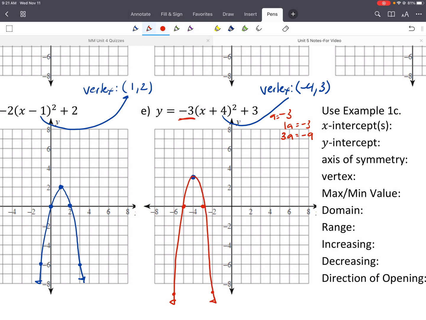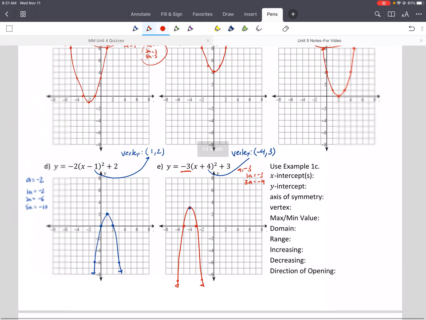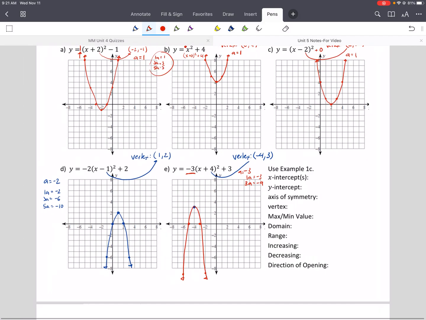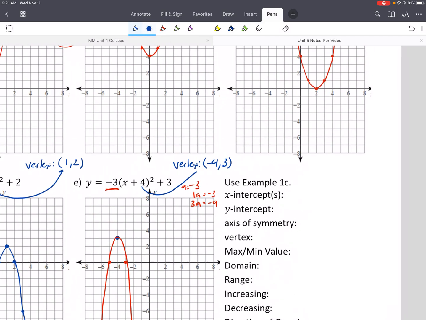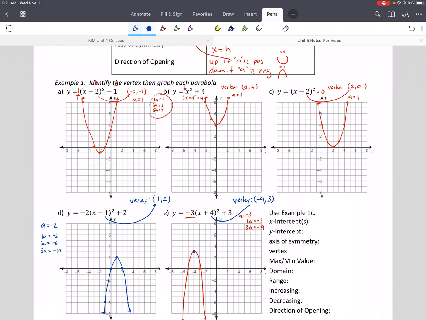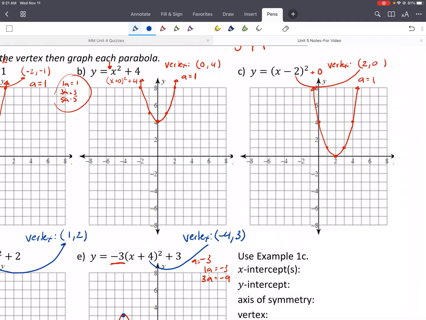Okay? All right, so let's talk about key features. So hopefully you gave this a try, so I could see that a little better. So we look at this graph, and we want to find the x-intercepts. So here there's 1. It would be 2, 0. That's from here. Y-intercept is 0, 4.